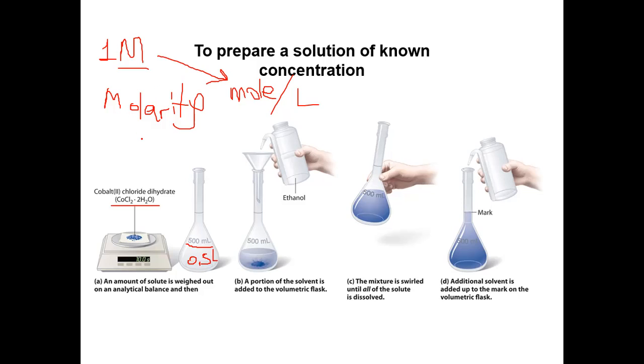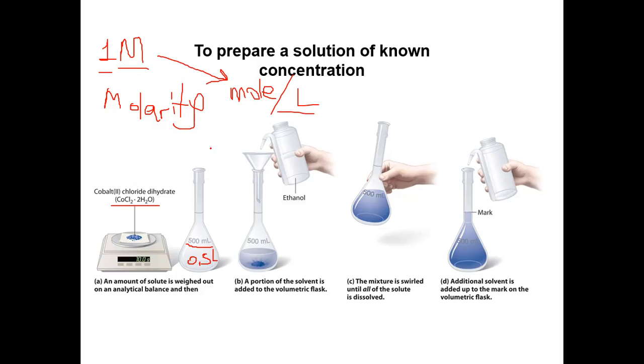Okay, so let's continue with this issue. All right, so since we have 1 mole of cobalt chloride in 1 liter of solution, we need to find out how to make this solution.